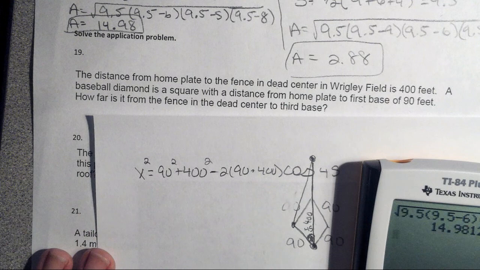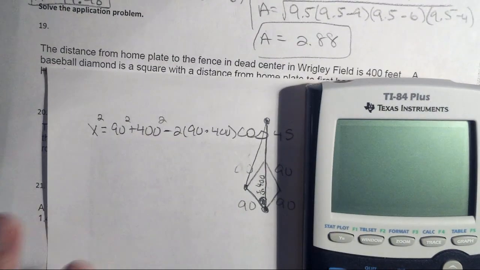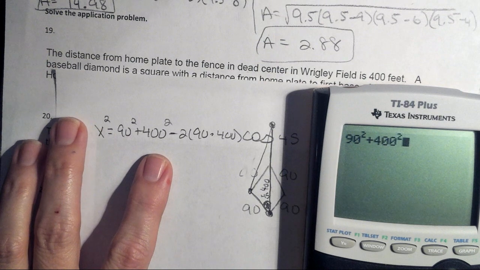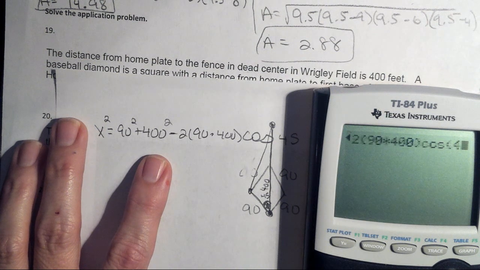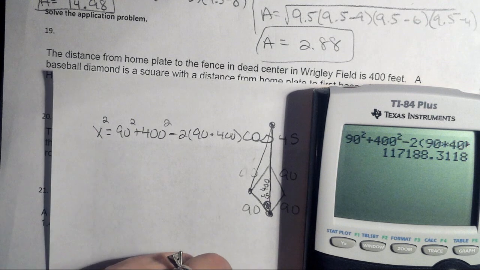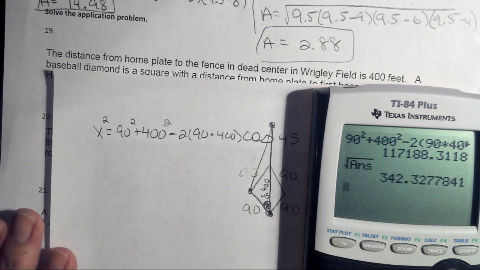We're going to type that in our calculator. I have 90 squared plus 400 squared minus 2 times 90 times 400 times cosine of 45. I'm going to get that giant number. Remember, that's x squared. I still have to square root it.